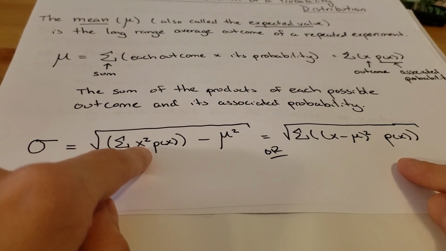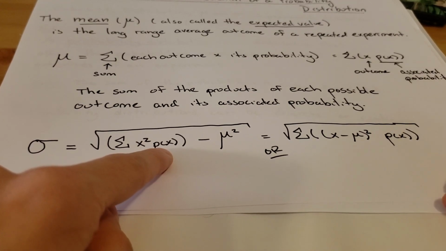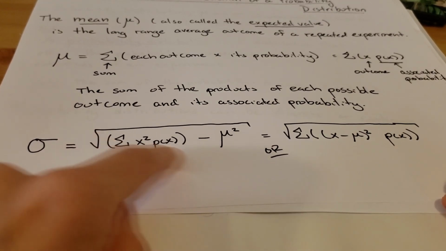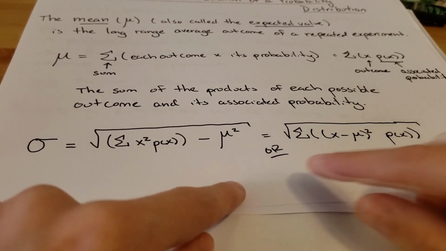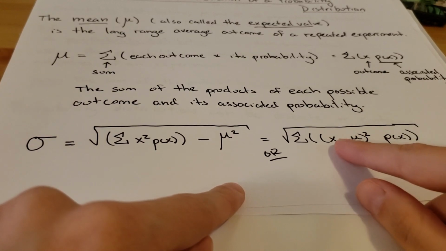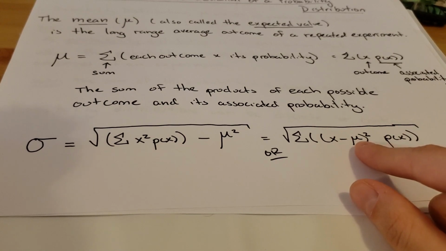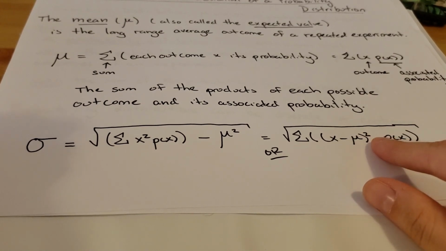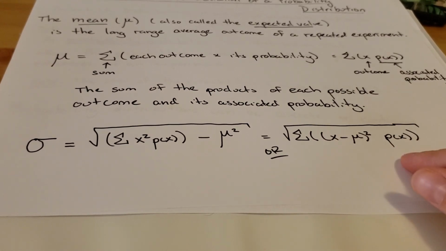Then take each possible outcome, square it, multiply it by its associated probability, and add all of those up. Then subtract the mean squared, then take the square root. Or the other way: take each possible outcome, subtract the mean from it, square that number, multiply it by its associated probability, and then add all of them up.